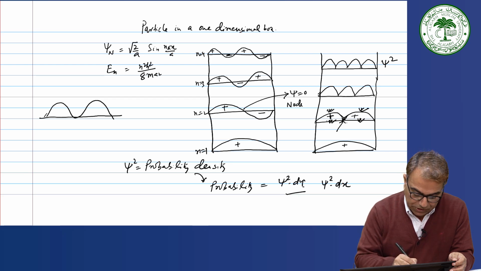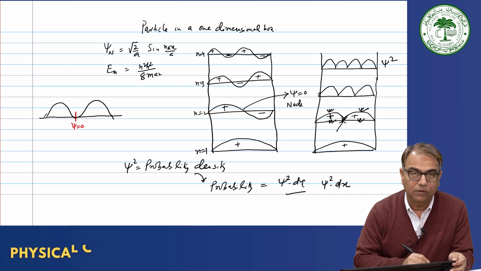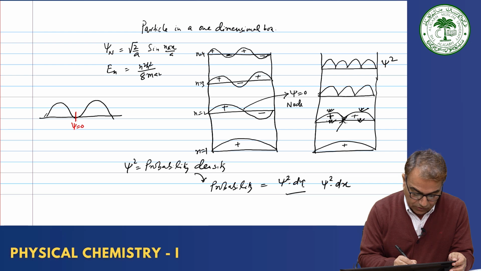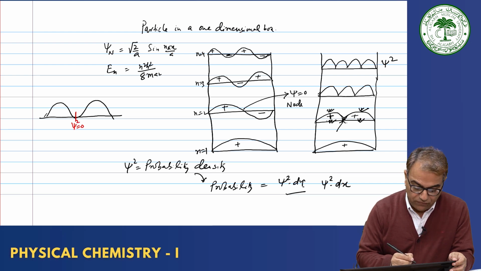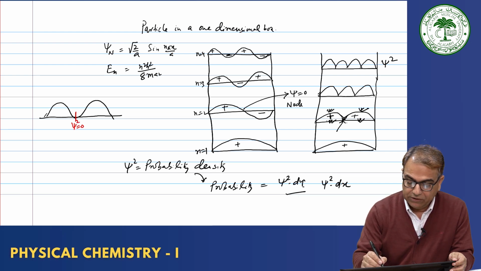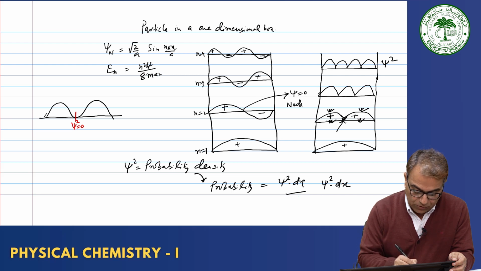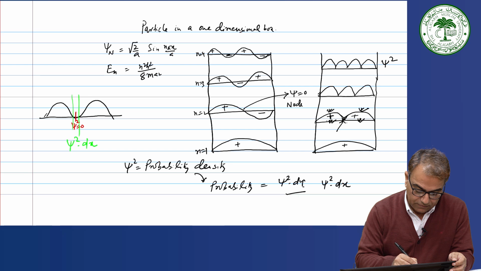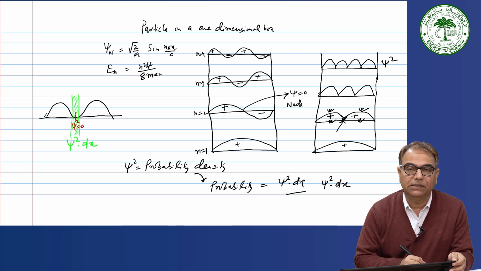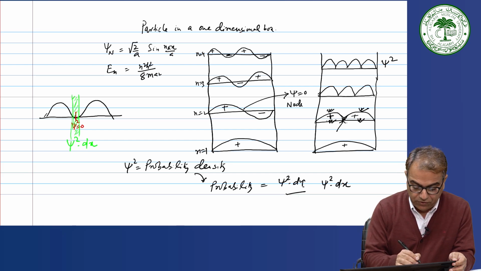There will be one particular point at which psi is 0. At this point, psi is 0, or psi square is 0. But what you need to find out is probability. So it must include some volume element also. It will be psi square dx, and dx is a very thin space like this one.